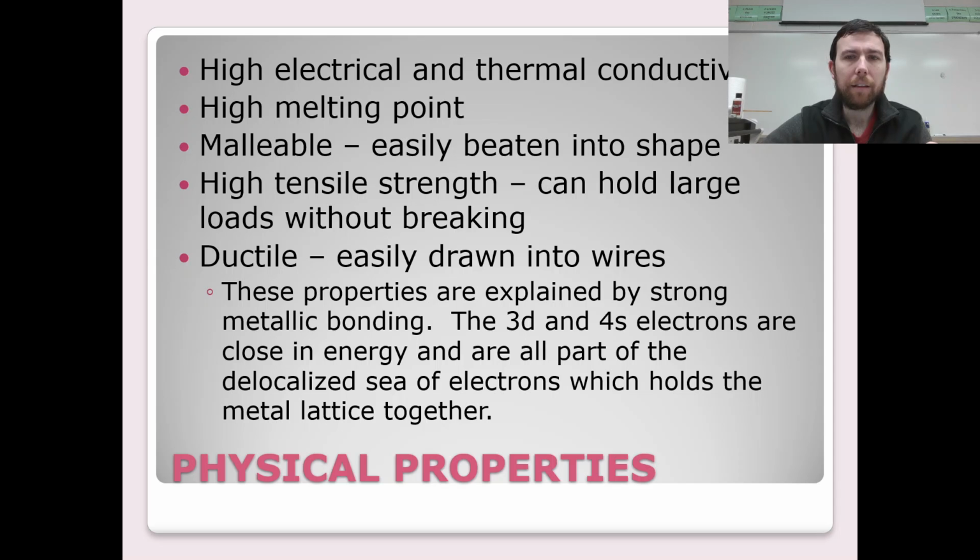So you think about metallic bonding. We talked about how the electrons are not confined to one particular space. And since they have the freedom to move, the 4s and 3d electrons are more mobile than in other elements. And so as a result, we get to see those properties like electrical and thermal conductivity, malleability, tensile strength, and ductility within our D block transition elements, right?